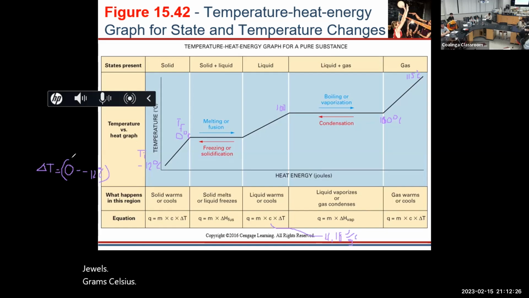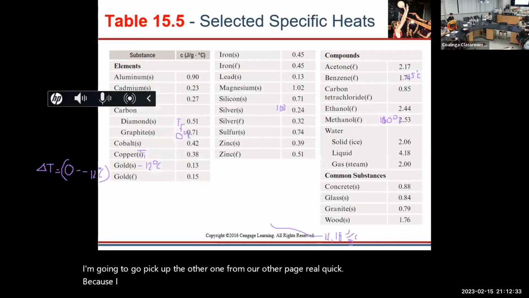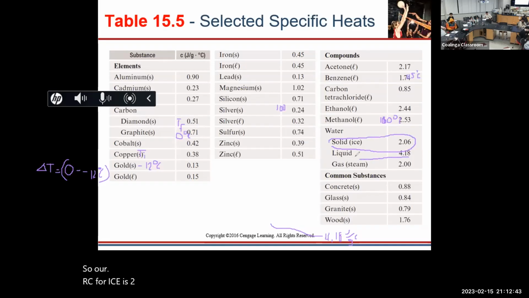I'm going to go pick up my other page quick. So our C for ice is 2.06, and our C for gas is 2.00.